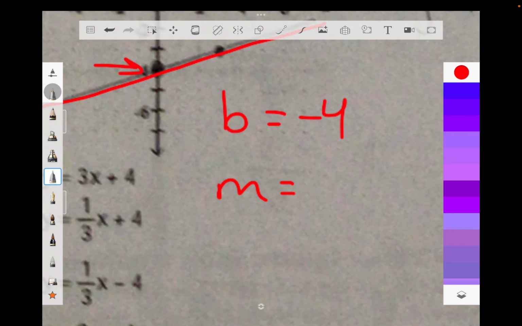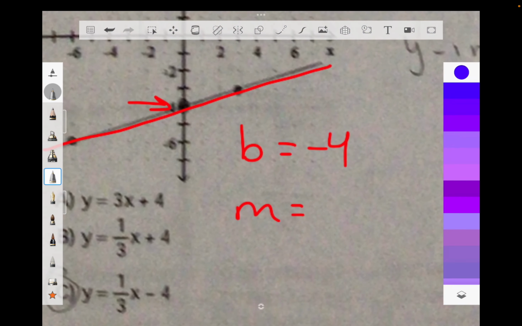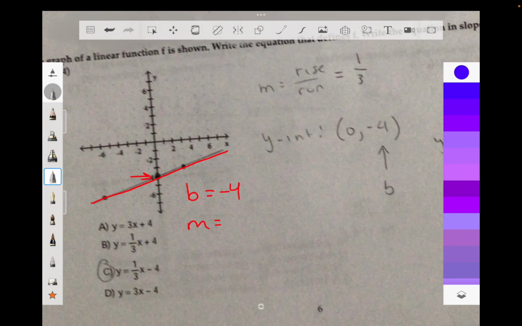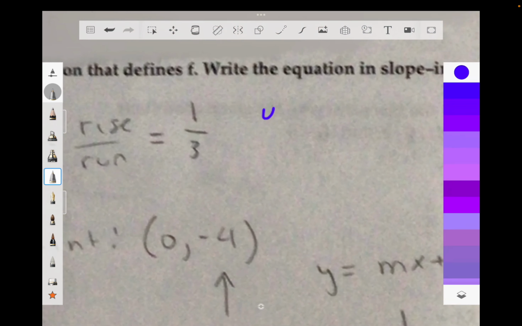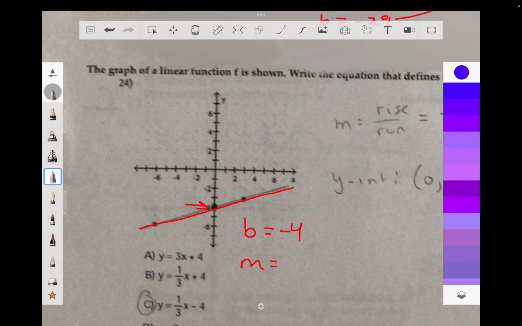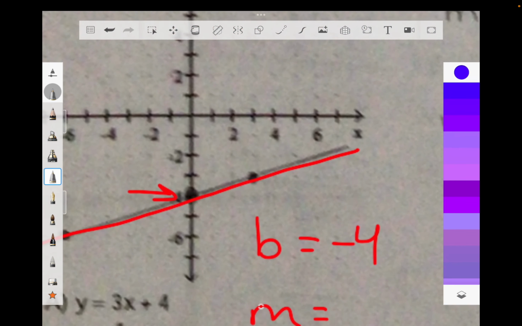M, we could do 2 things. We could either pick 2 points and do y2 minus y1 over x2 minus x1, and then solve that to get m. Or you could kind of just caveman it and see where there's a good point here. At negative 2 and 6, there's a decent point on the line, so you could caveman that.